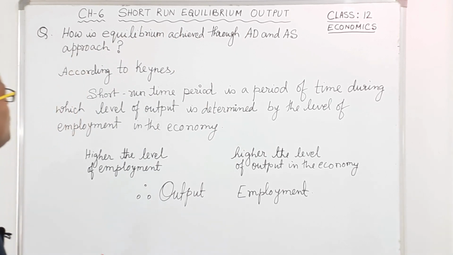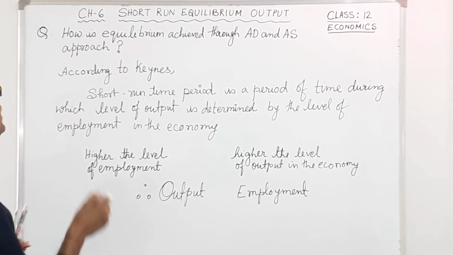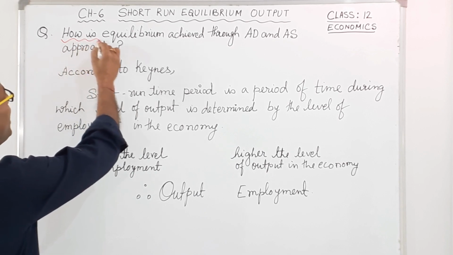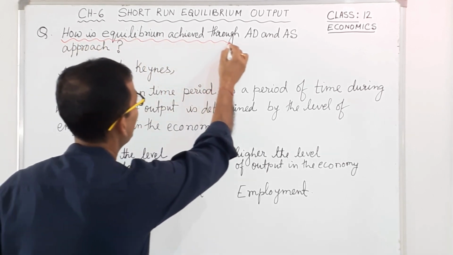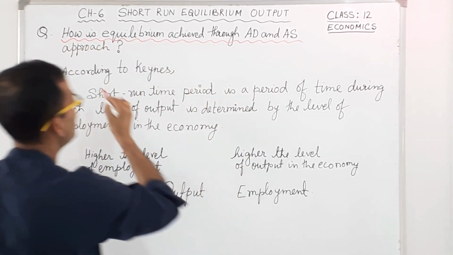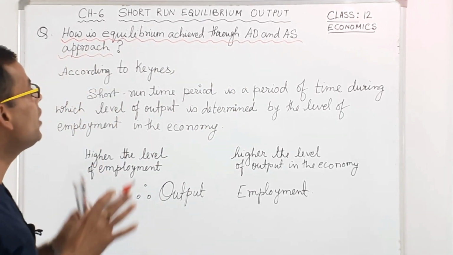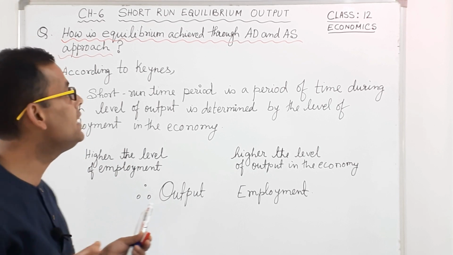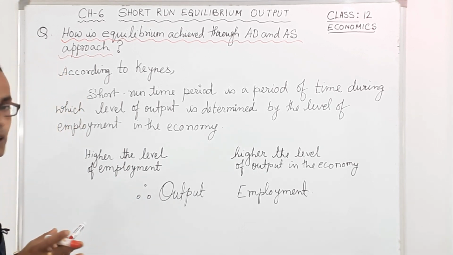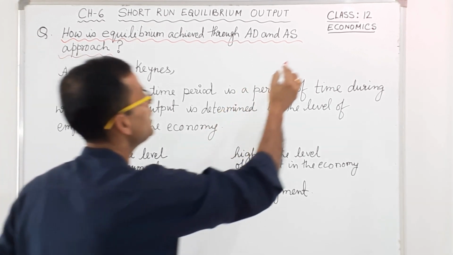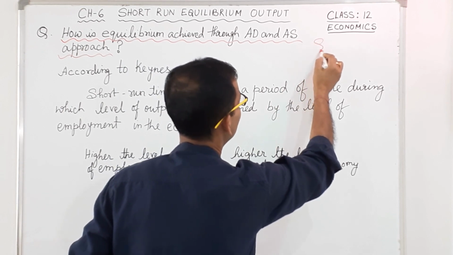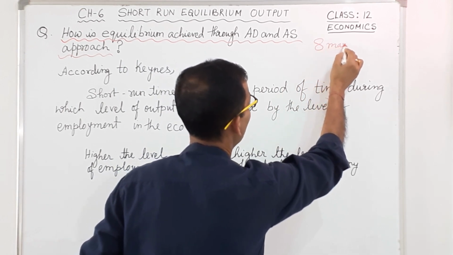And here one question is there: how is equilibrium achieved through AD and AS approach? And you have to discuss this AD and AS approach, and with diagram, and this question will carry 8 marks.